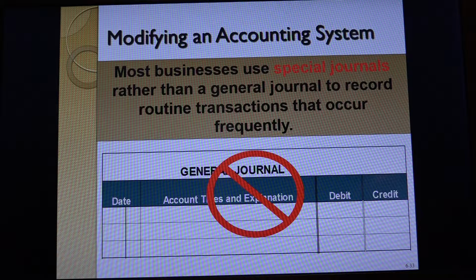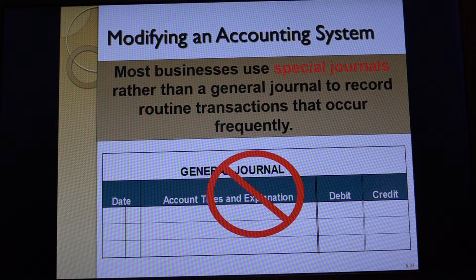For instance, sales journal, you're always doing AR and sales revenue is your credit. AR, whomever, debit, sales revenue, credit. And so they create these special journals because it's the same thing every time, and all you're doing is recording in the sales journal the day you make the sale, who it's to, and you know that the entry is to AR for that company and credit to revenue.